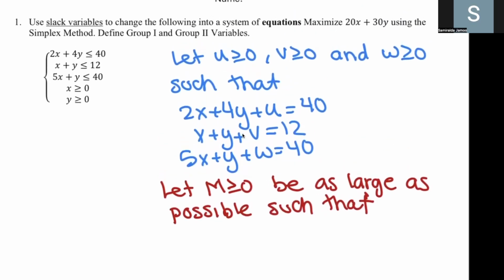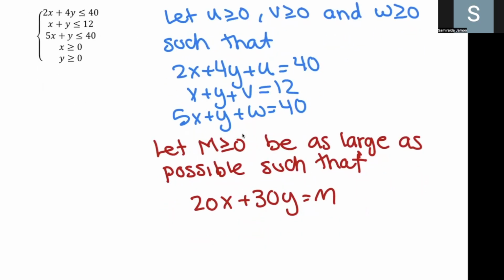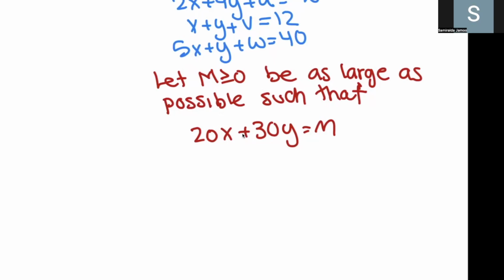So our objective function is 20x plus 30y. This equals m. Now I want to move everything to one side of the equation. Subtract 20x, subtract 30y. So we will get negative 20x minus 30y plus m is equal to 0.